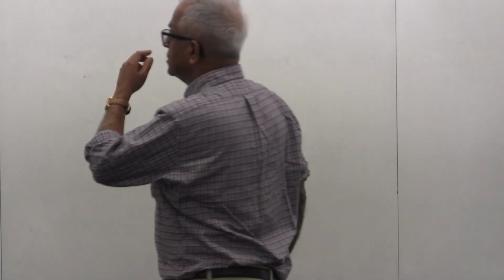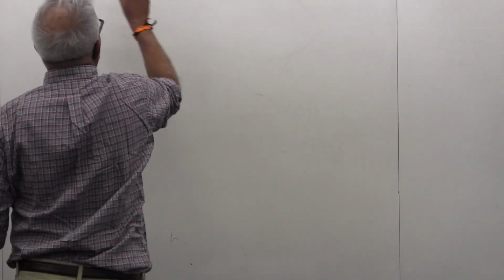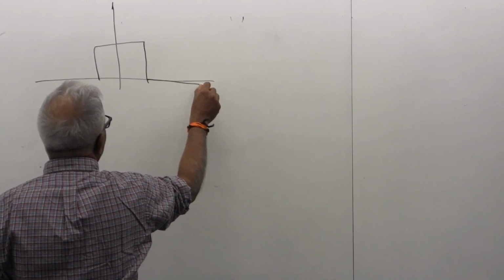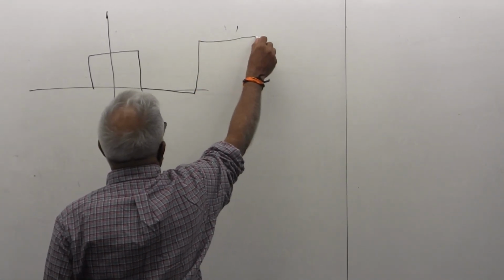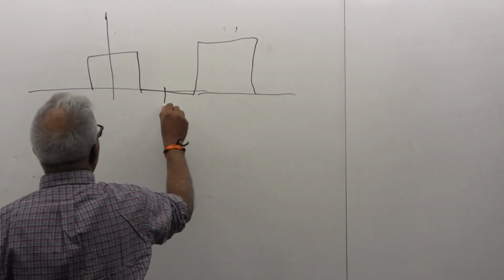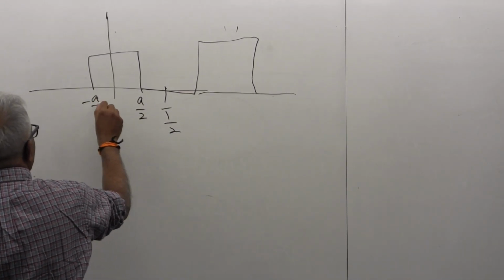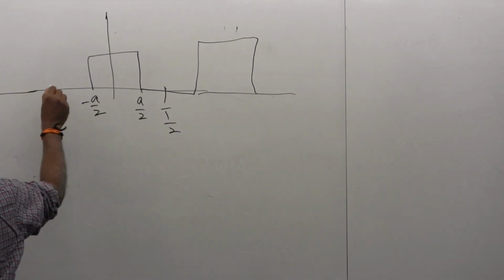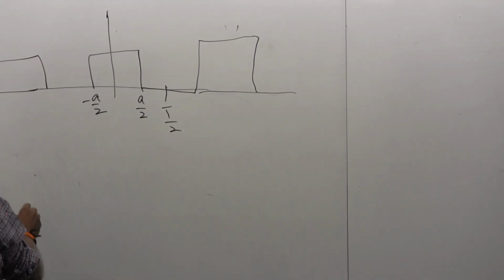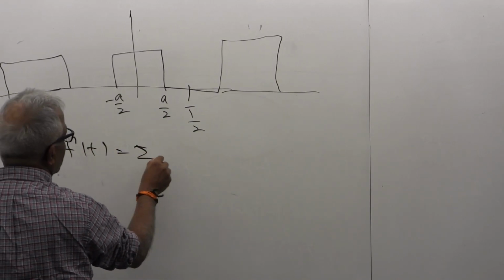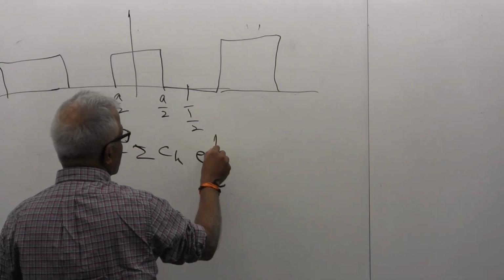So let's take this example, the first one. FT is like this. Remember, you can always write like this, FT equal to sigma, start from the first thing.